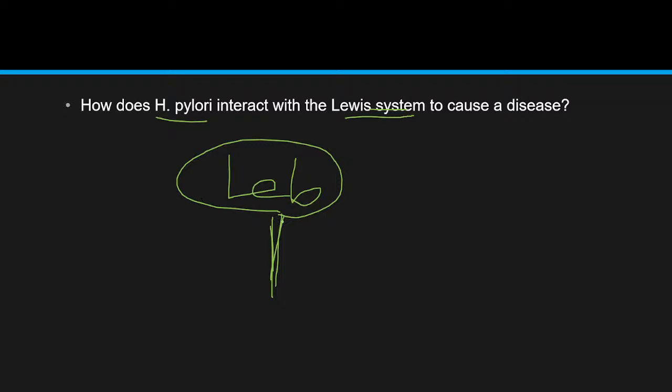Remember that it's not just found on the RBCs, it can also be found on different cells around the human body. And unfortunately for us, this attachment to other cells in the human body, especially the gastric epithelial cells, is the link that is required by the H. pylori bacterium.